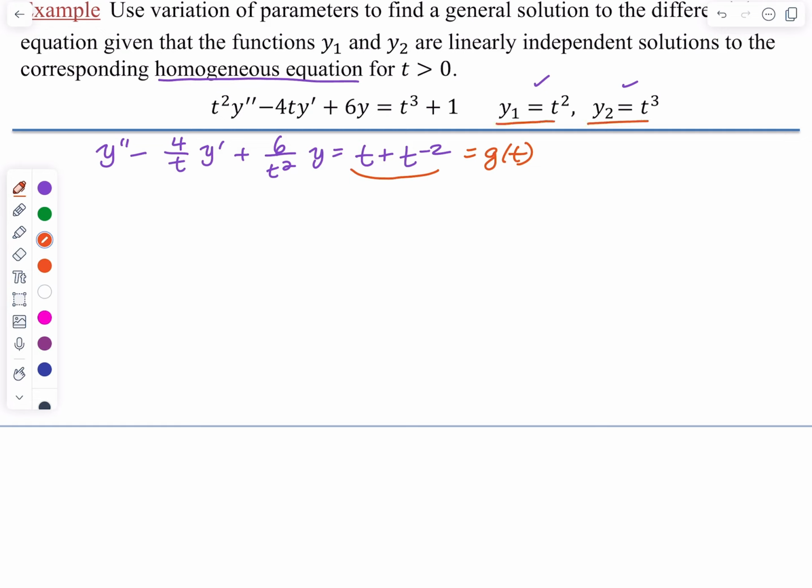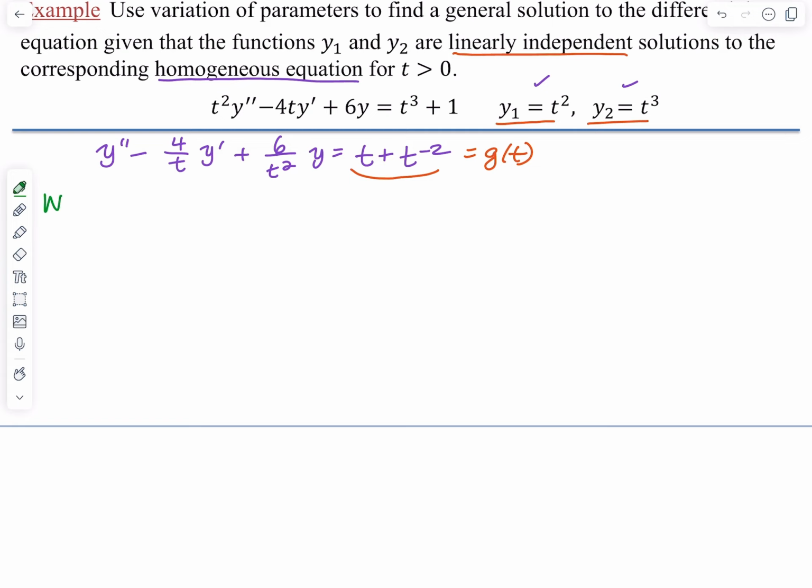These are linearly independent. And what we're going to be doing here is coming up with those integrals that we were given. So I wanted to try using the Wronskian. So let's go ahead and do that.